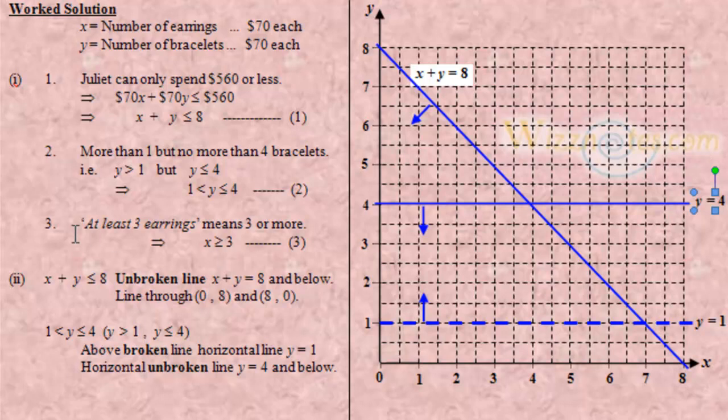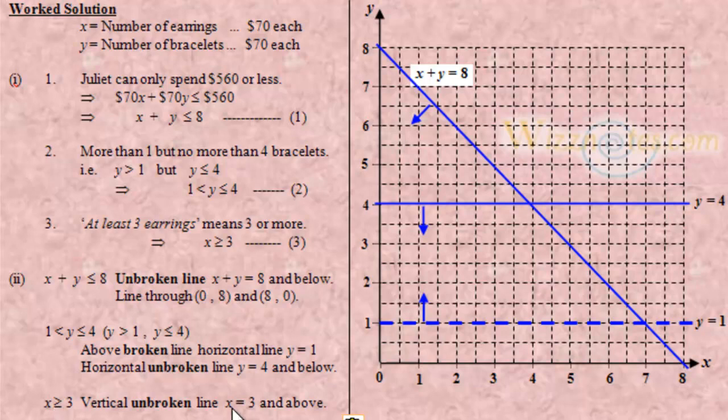Next, we want to deal with the third inequality, and the third inequality is x greater than or equal to 3. Now x greater than or equal to 3 means that we want a vertical line x equals 3 and above.